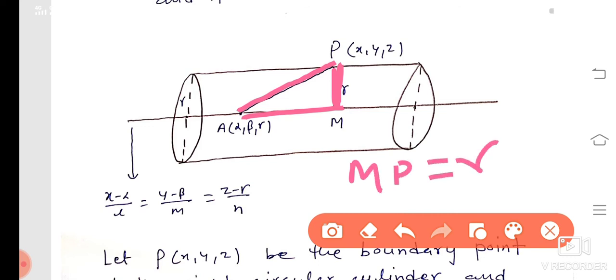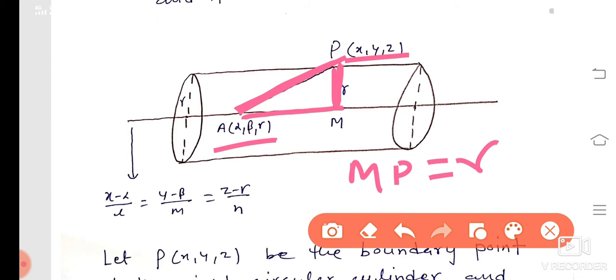What is the side AP? Side AP is just the distance between points P and A. The coordinates of P are (x, y, z), and the coordinates of point A are (alpha, beta, gamma). If we are given the coordinates of two points, then we can easily find the distance between them using the distance formula.